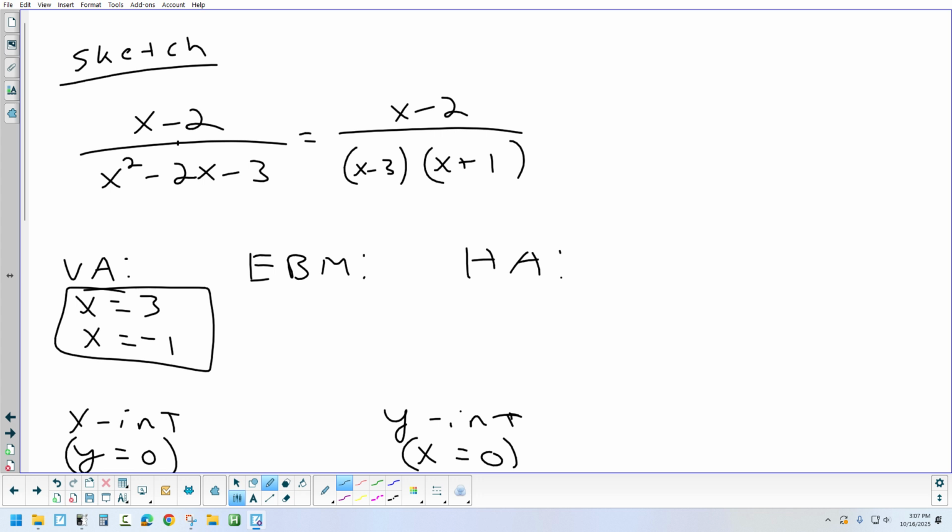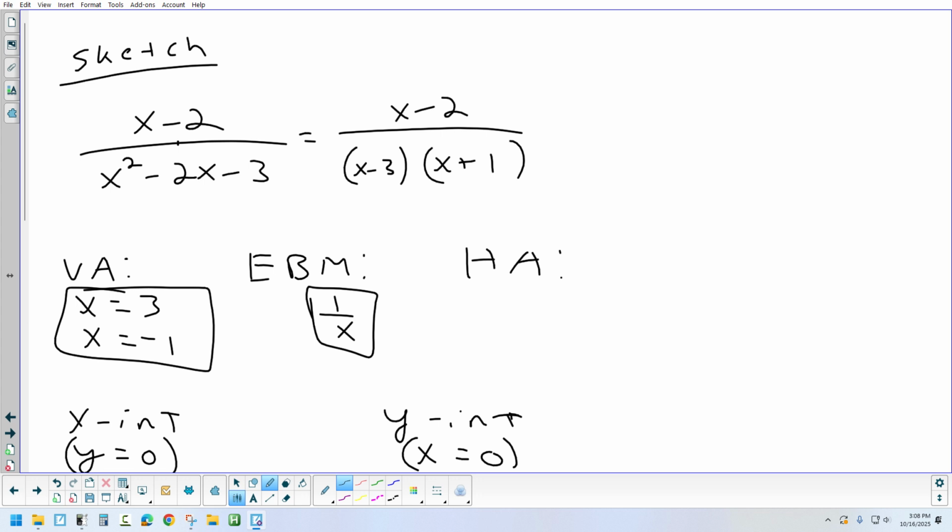Let's do the EBM. So for the EBM, go back to the original problem. Don't look at the factored one. What's my EBM going to be when I simplify it as much as possible? It's going to be 1 over x. It's x over x squared, which is 1 over x.